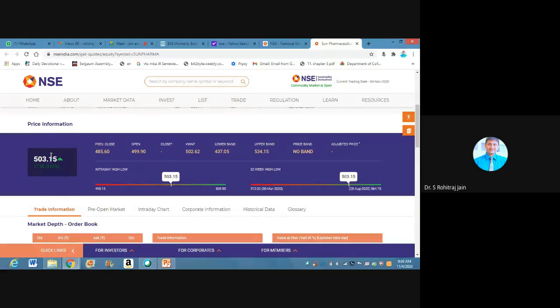Yesterday I had sent in the group that Sun Pharma's Q2 results showed net profit jumped by 70%. Sun Pharma's quarterly profit rose on the back of lower operating expenses and higher other income. Net profit rose 70% year on year to rupees 1,813 crore in the 3 months ended September. It is India's largest drug maker and a listed company.